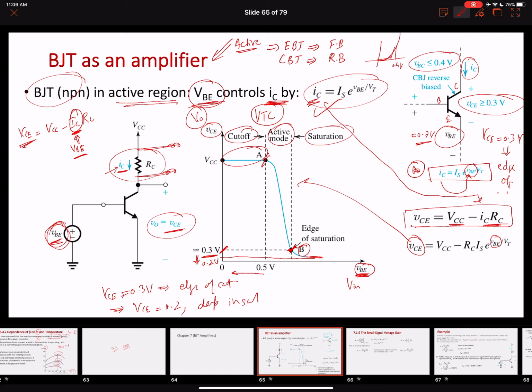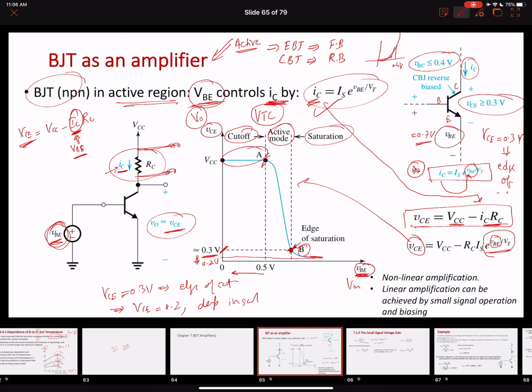Some other important things that we can see looking at this active mode of operation, the line segment A and B: this entire line segment A to B is a nonlinear amplification. So our amplifier is a nonlinear amplifier, which can also be seen by looking at this exponent value. This means that our amplification will be nonlinear. So how can we obtain linear amplification?